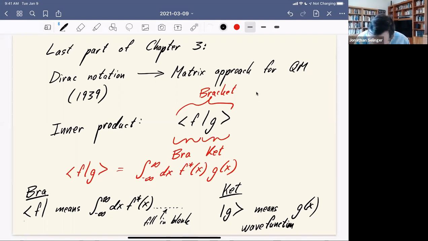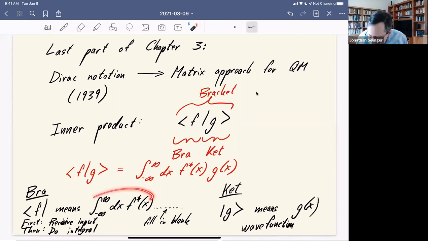So first, receive the input, then do the integral. You do not do the integral before you get the input. Even though you could do this integral with just f and nothing in the blank, don't do it. You might be tempted to, but don't. You have to wait until there's something that goes in the input place before you do the integral.